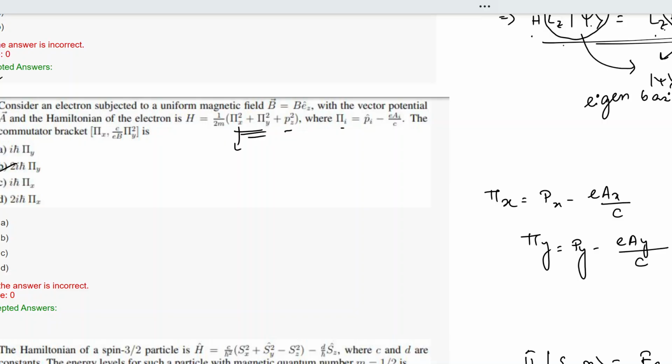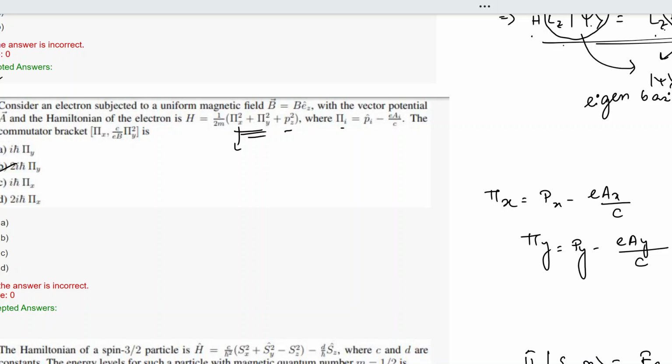So here s is equal to 3 by 2, just like J. So m can be minus 3 by 2, minus half, plus half and plus 3 by 2, all these four values. Now we have to identify first the energy eigenvalues and then put m equal to half only.